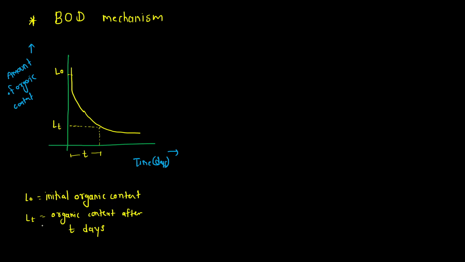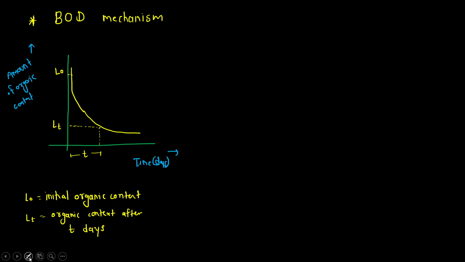Now, this we have seen with respect to organic content. Okay, so the organic content with respect to time is decreasing. So how is it decreasing? It is consuming the oxygen. That means the amount of oxygen requirement is increasing as the organic content is decreasing.